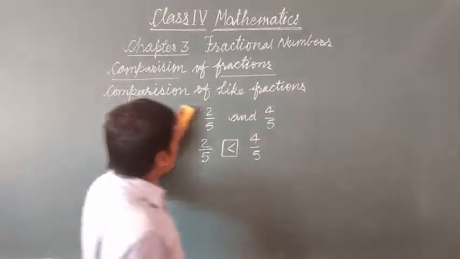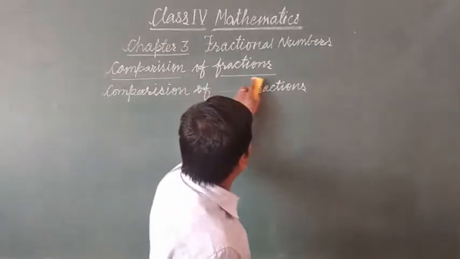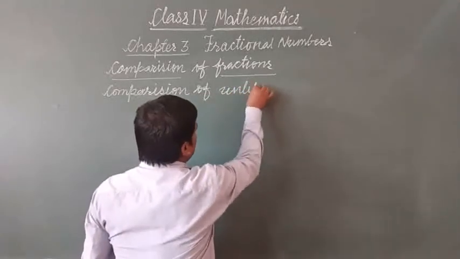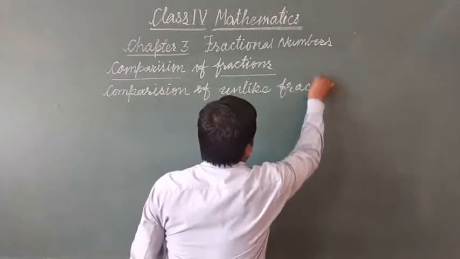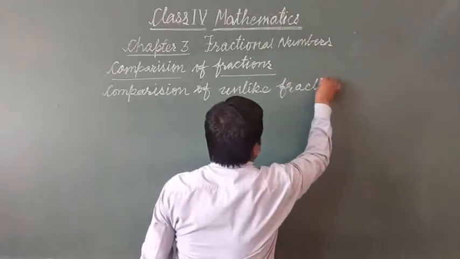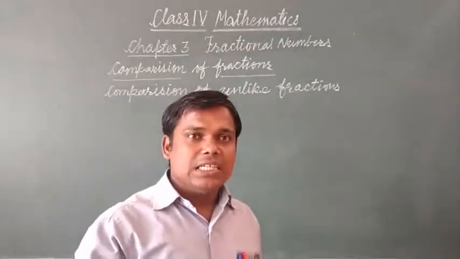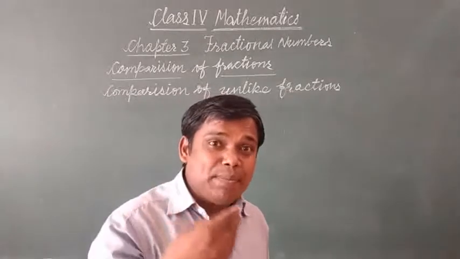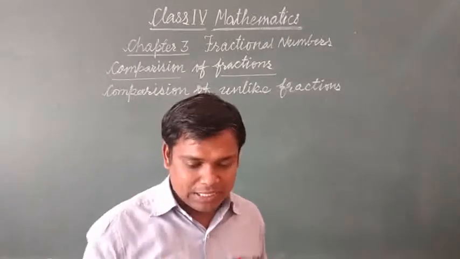Now the next comparison is the comparison of unlike fractions. Here we have two cases. The first case is unlike fractions with same numerator or unlike fractions with different numerators.